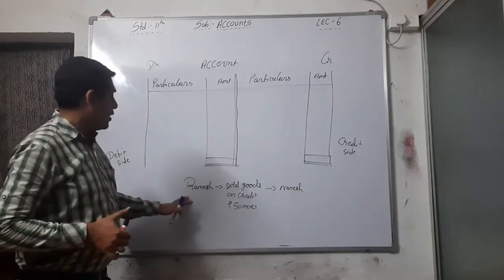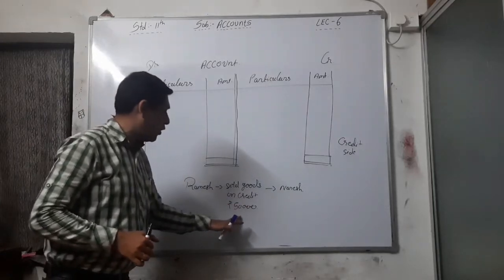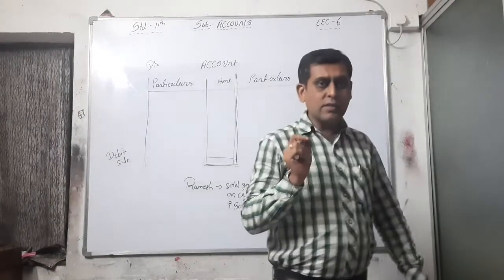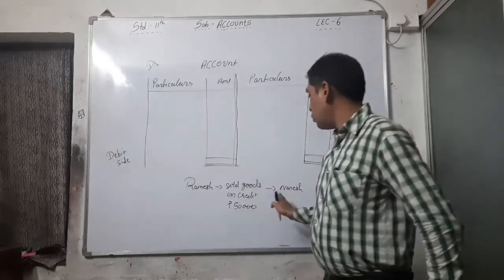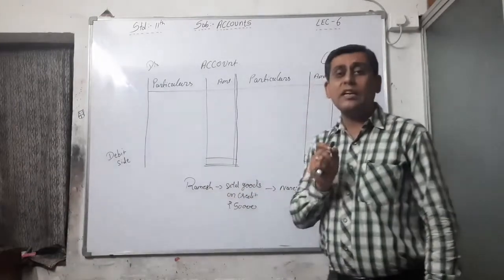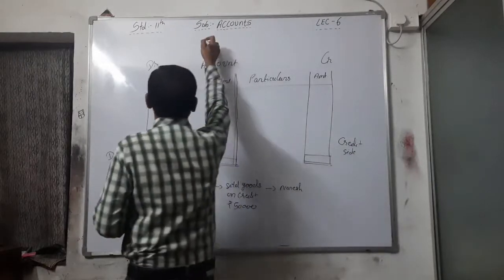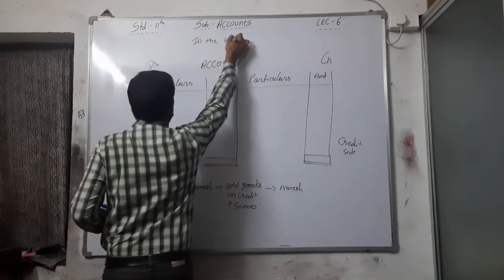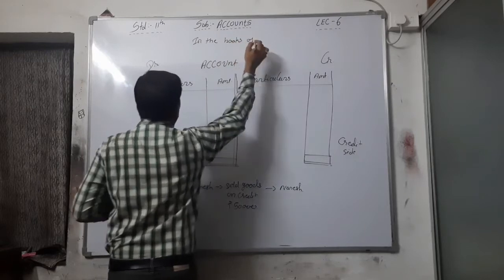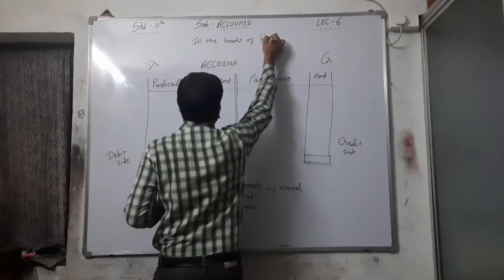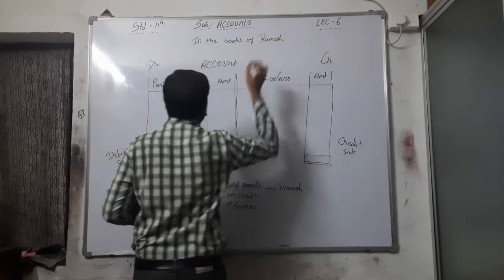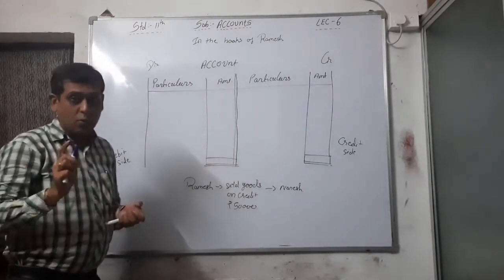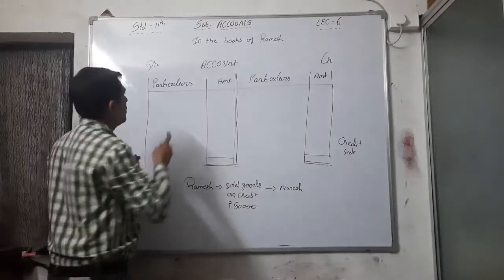Ramesh sold goods on credit of rupees 50,000 to Naresh, and Naresh gave the promise to pay this amount to Ramesh in 15 days. And in the books of Ramesh, Ramesh is the business owner, and I am writing the account in the books of Ramesh.